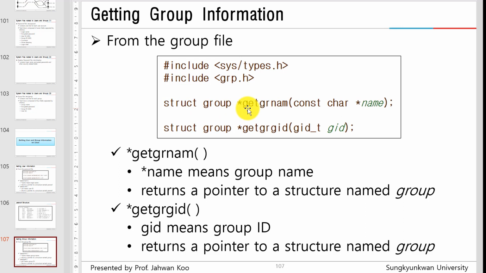Next, I will see the getgrgid library function. This function has just one argument, named gid, and returns a pointer to a structure named group. These functions are very simple. We can get the information about groups just by calling by name or by group ID.